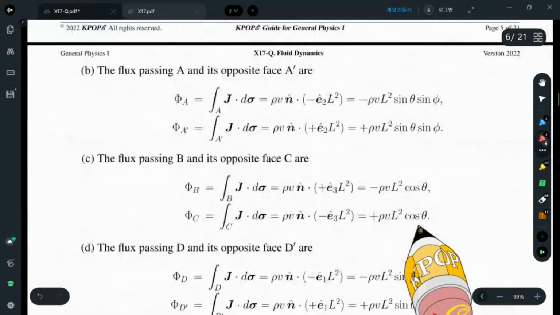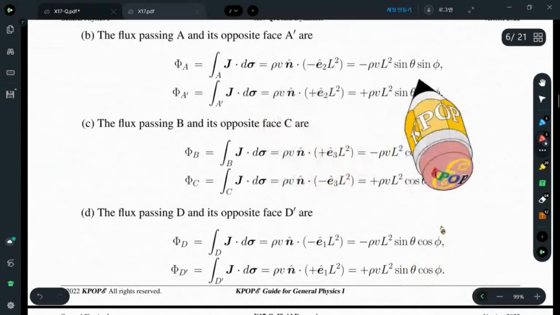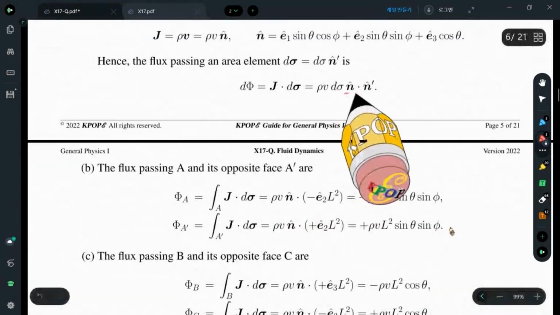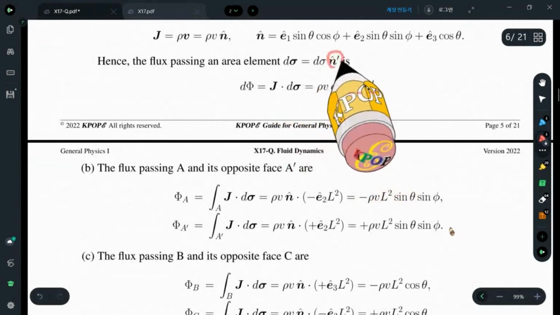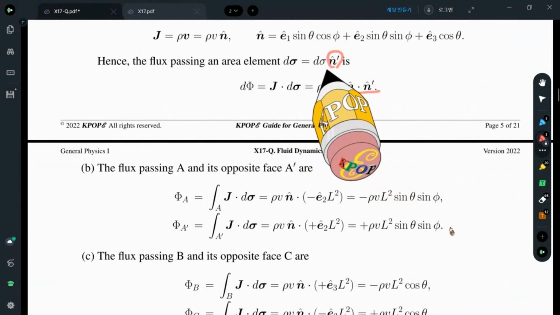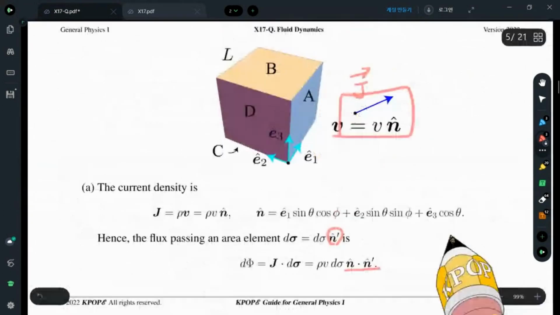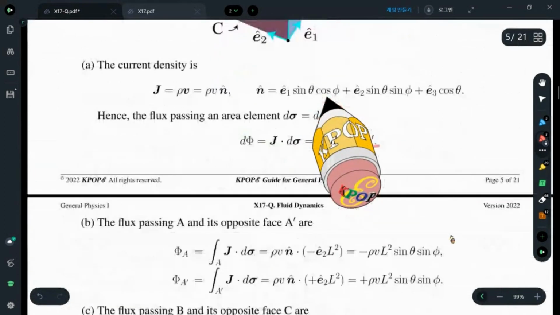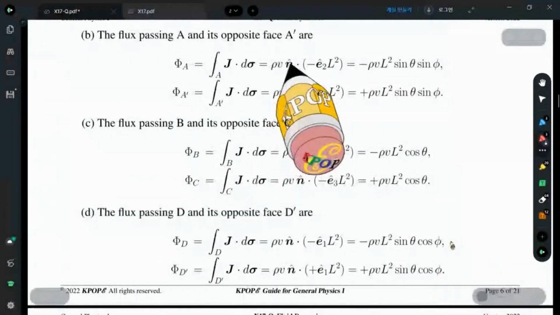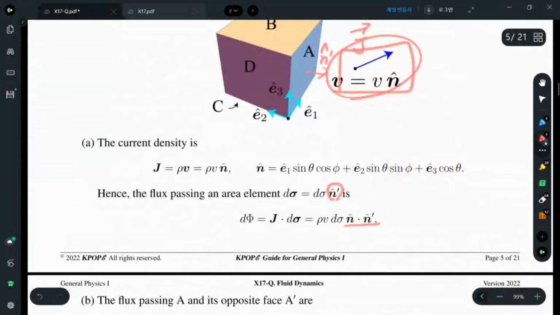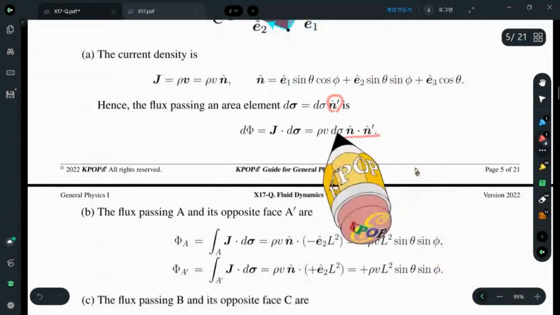Every calculation is the same, except that what we have to replace is n prime. Here I used n prime, that is a normal vector to any plane displayed in this figure, and n is the direction of the flow, current density.